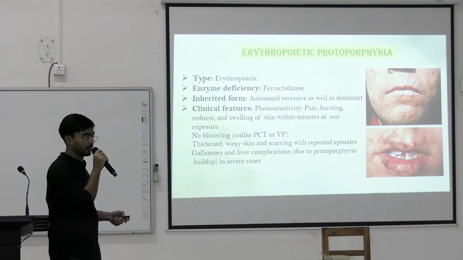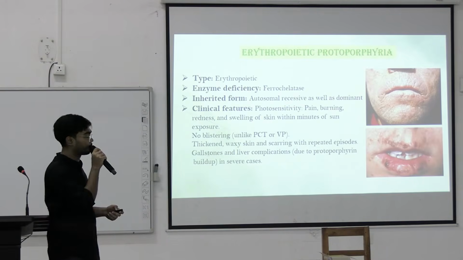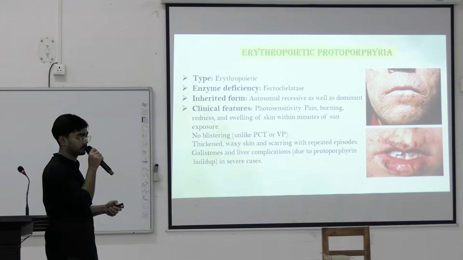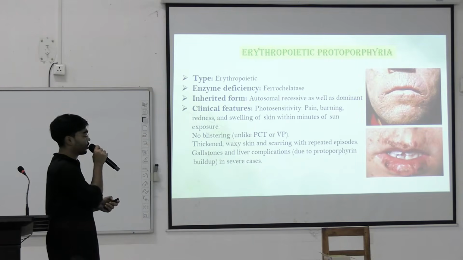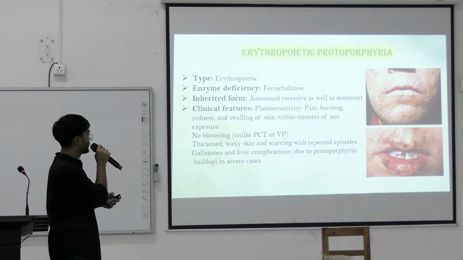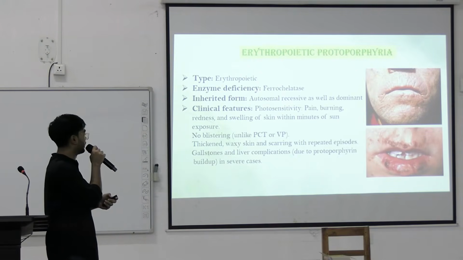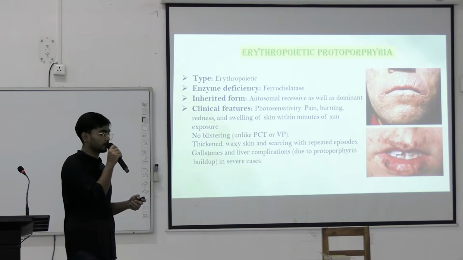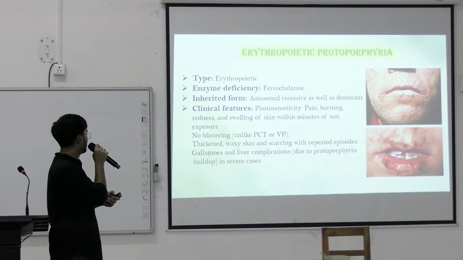Next is erythropoietic protoporphyria, type erythropoietic, enzyme deficiency ferrochelatase, inherited form autosomal recessive as well as dominant. Clinical features: photosensitivity, pain, burning, redness, and swelling of skin within minutes of sun exposure. No blistering, unlike porphyria cutanea tarda or variegate porphyria.